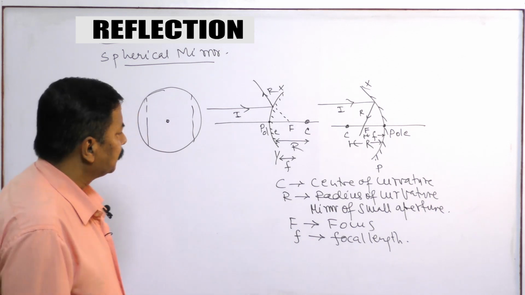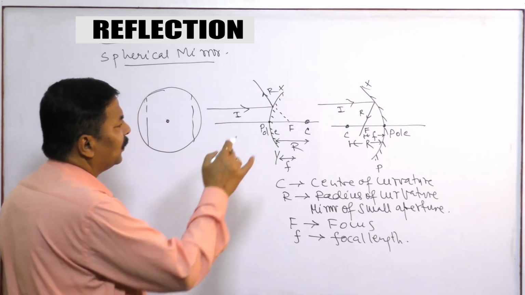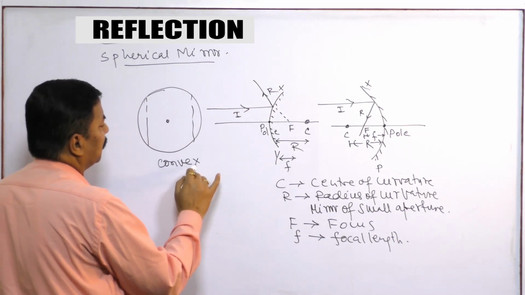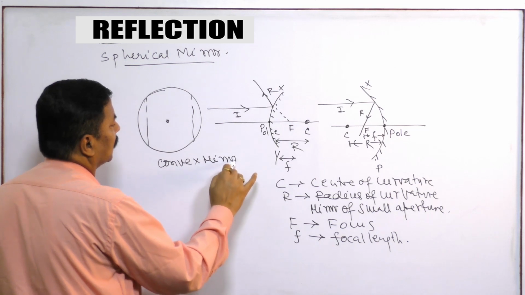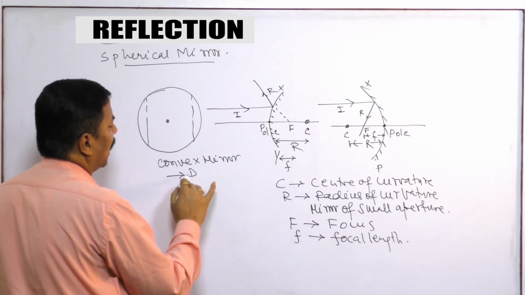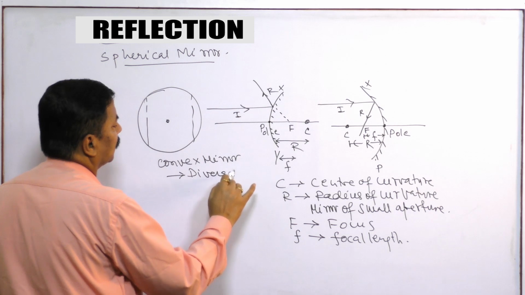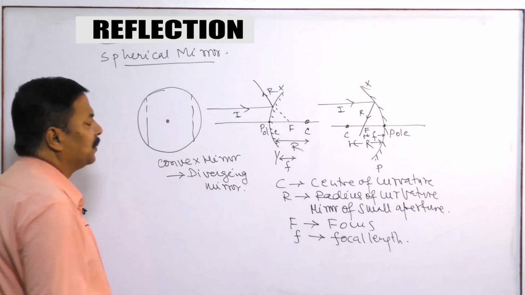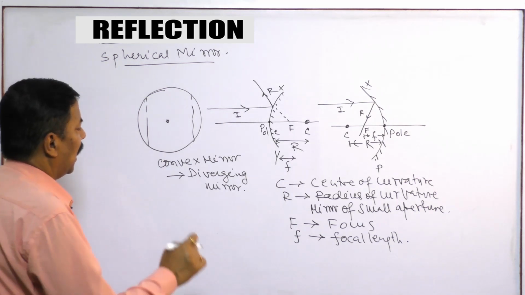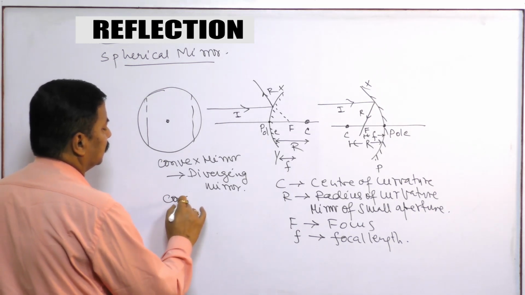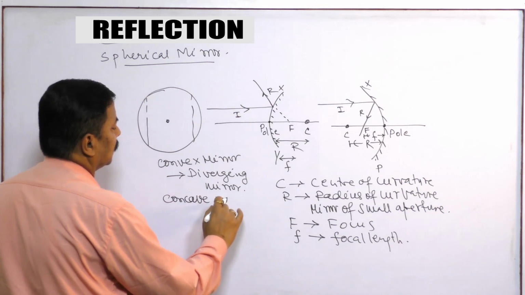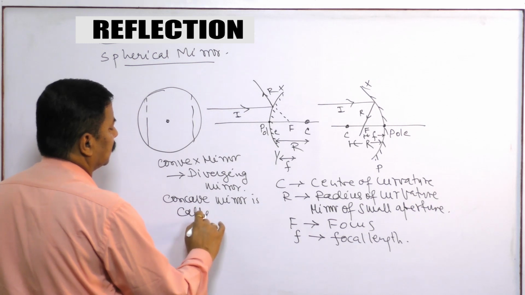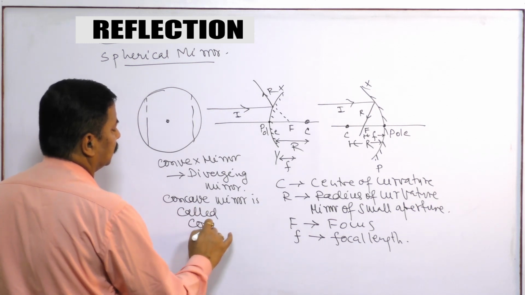Now you see, this convex mirror is called diverging mirror. Convex mirror is called diverging mirror, and concave mirror is called converging mirror.